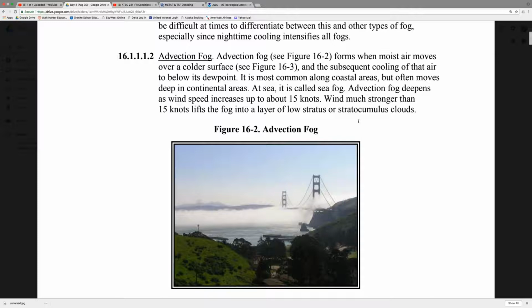But we would get heavy, dense, thick fog, even up against the Santa Ana Mountains there.